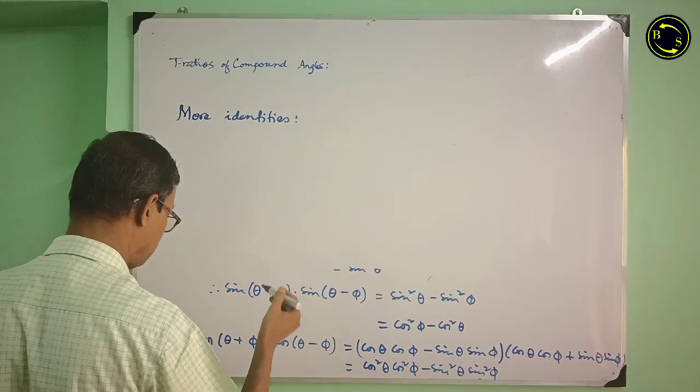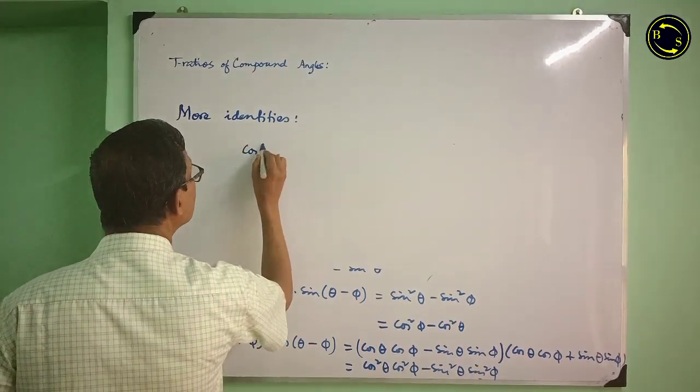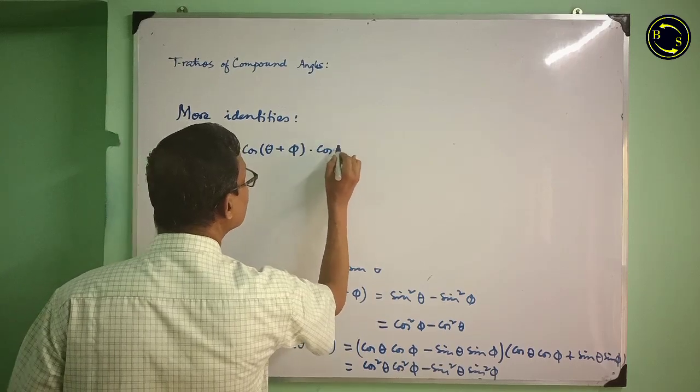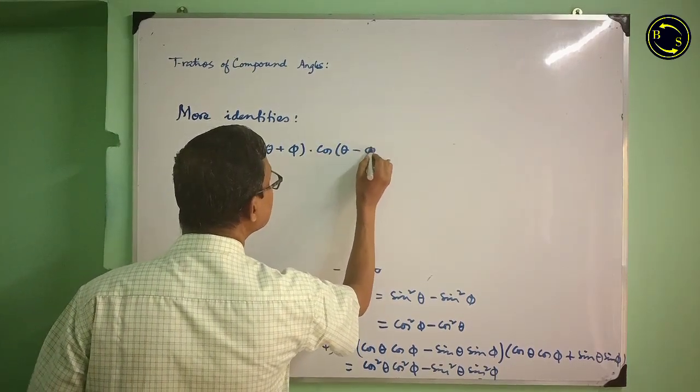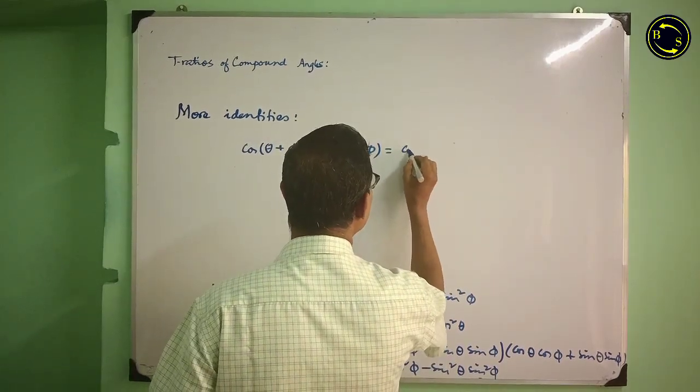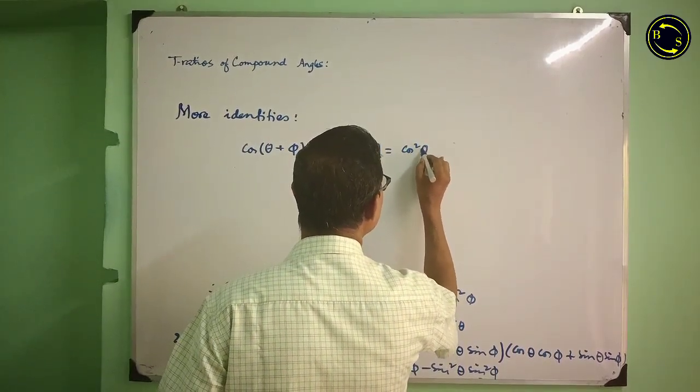Thus we get cos of theta plus phi into cos of theta minus phi is equal to cos square theta.